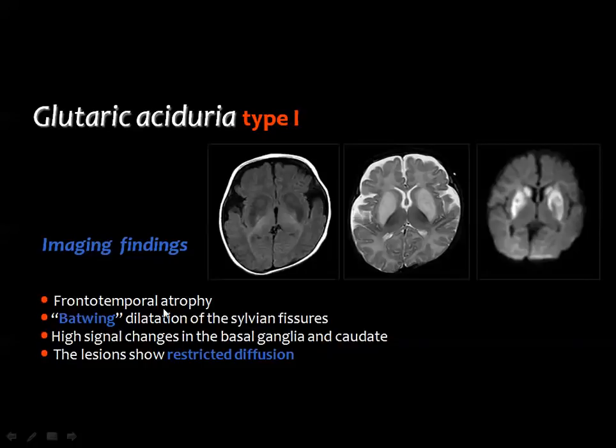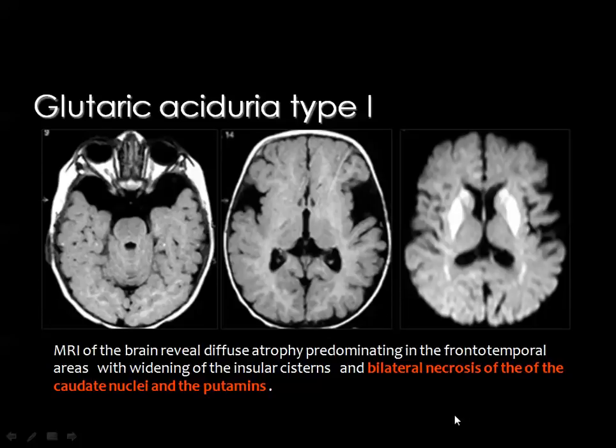There are frontotemporal atrophic changes, there is bat wing dilatation of the sylvian fissures, and there are high signal intensities in the basal ganglia, as you can see here, and these lesions will show restricted diffusion, meaning that these lesions are actually ischemic changes in the basal ganglia, and they represent infarct.